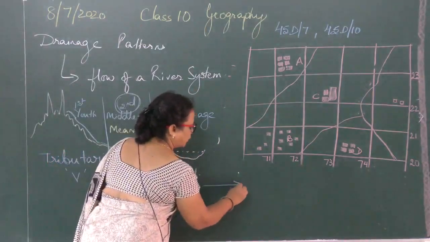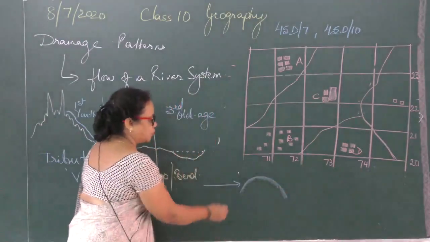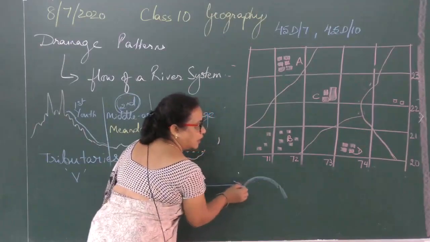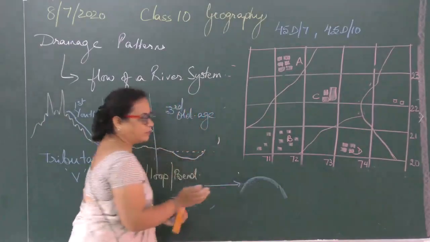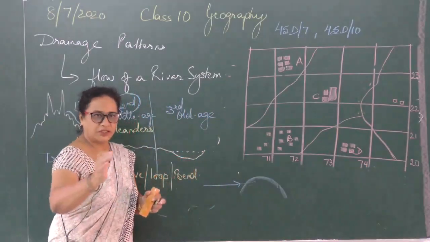The water is flowing like this, and suppose the land is a little bit raised. The speed of water has become less, so the water can't push through this small highland. It will flow around it. That is how the curve is formed.